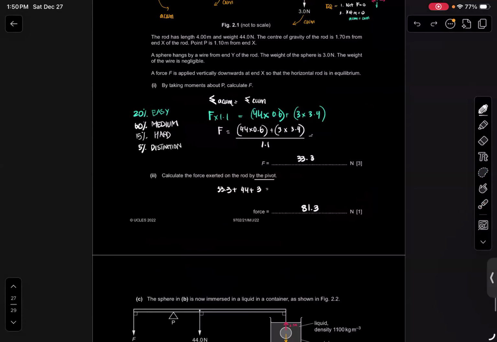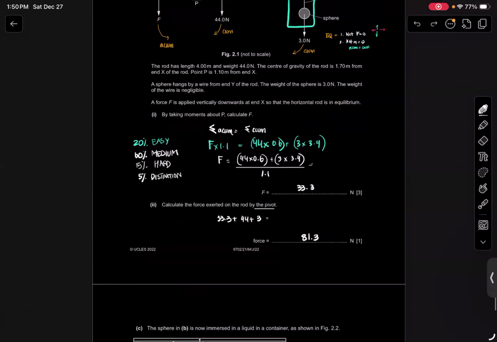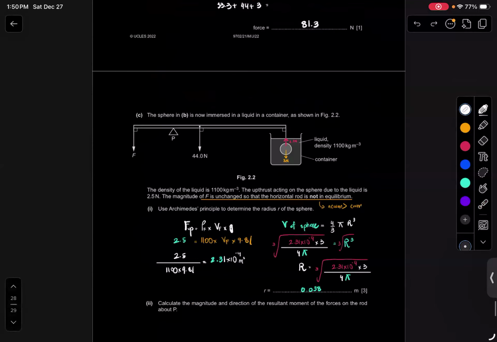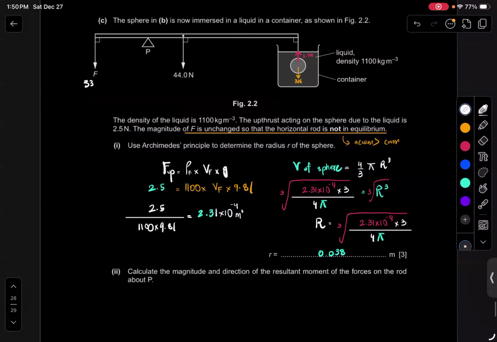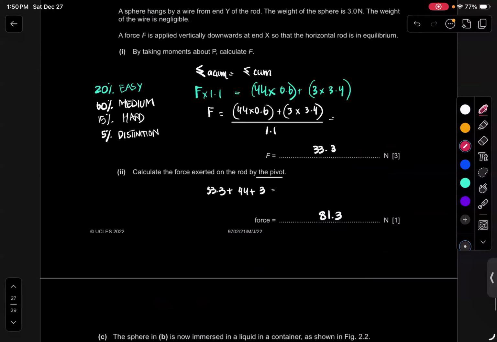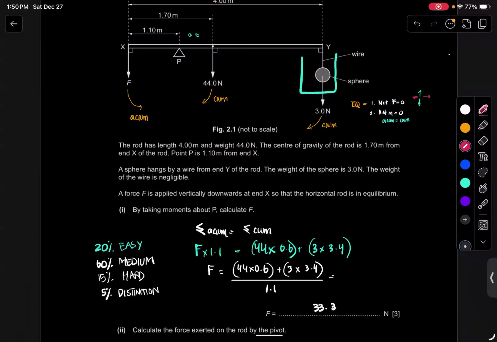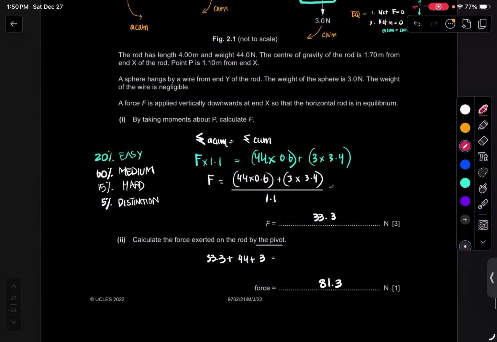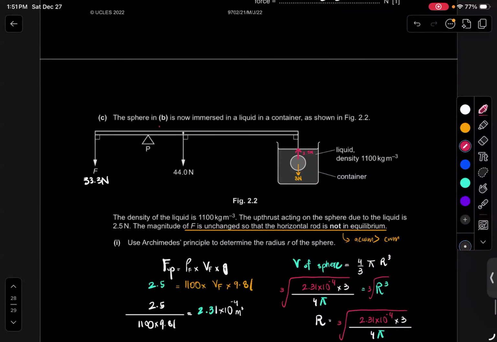This is the last question we've got for today. This force was, by the way, 33.3 Newton, unchanged. And I'll give you the distance as well. This was 0.6.